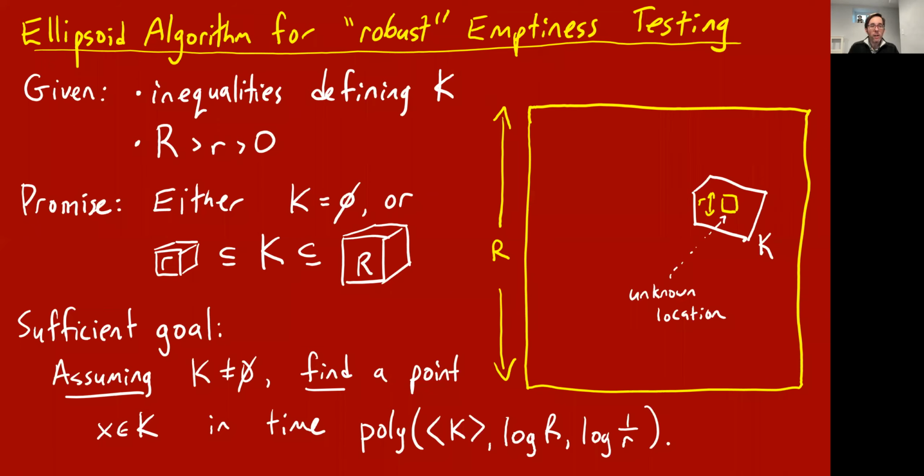True to its name, the ellipsoid algorithm involves ellipsoids. This is just because they're convenient.